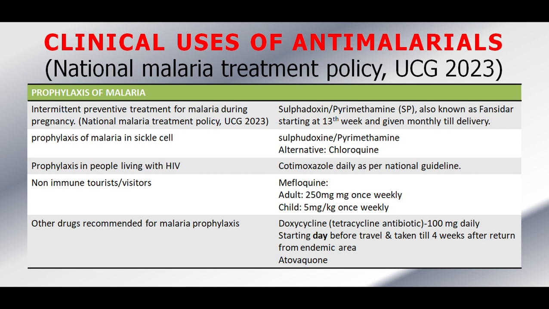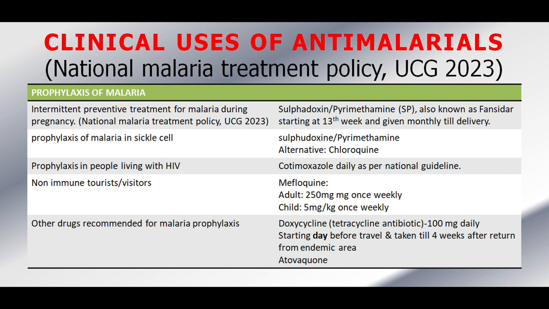Adults, you give 250 milligrams once weekly, or if it's a child, you give 5 milligrams per kilogram body weight once every week. Now, there are other drugs that are recommended for malaria prophylaxis. Number one, we have doxycycline, which is a tetracycline antibiotic.